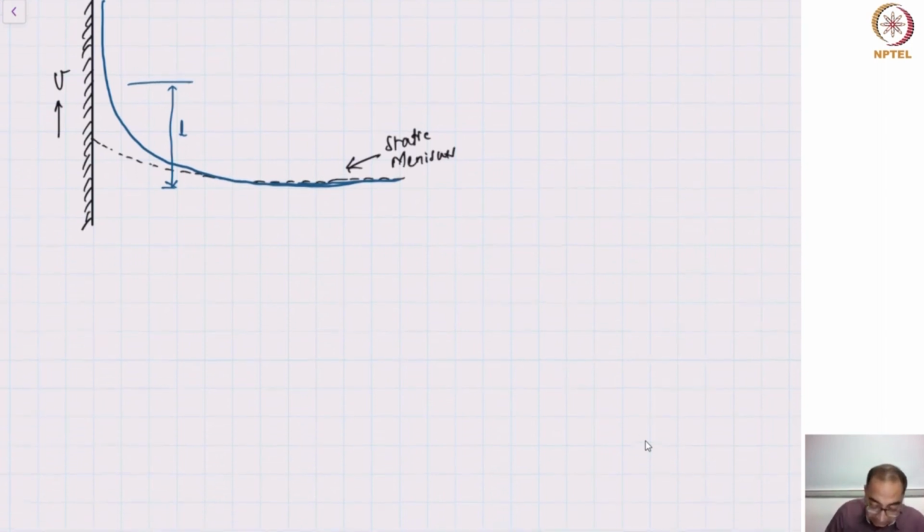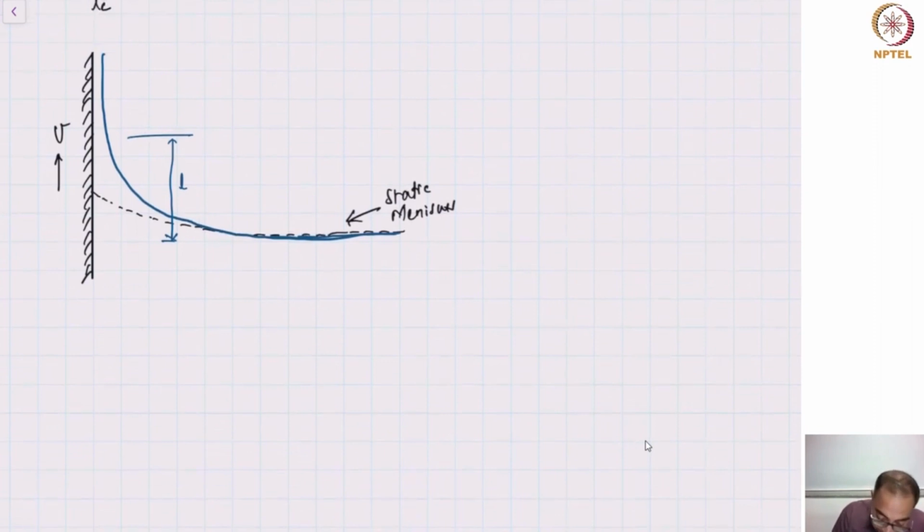Okay. So in the static meniscus region, the fluid is largely unaffected by what is happening near the plate. Now further, in the dynamic meniscus region, the thickness we call H. So let's also define a coordinate system more precisely. I will define a coordinate system with y going this way, perpendicular to the plate, and x along the plate.